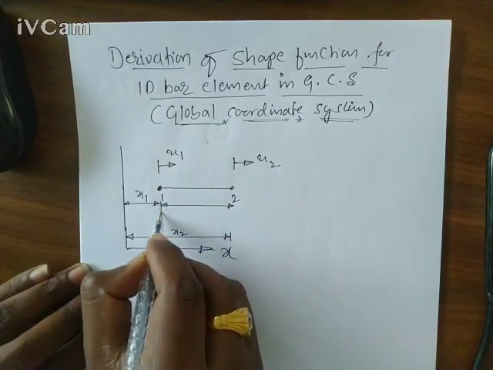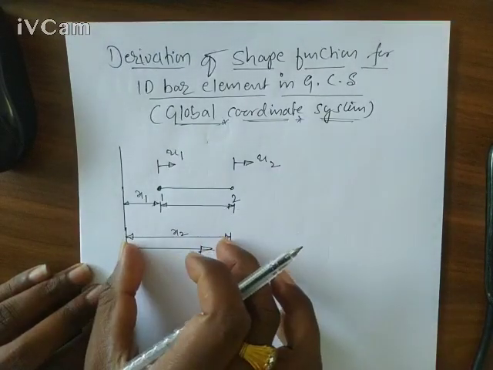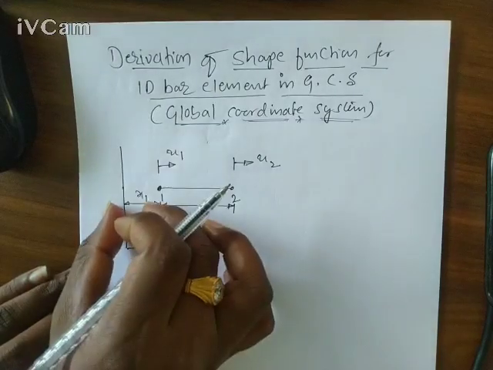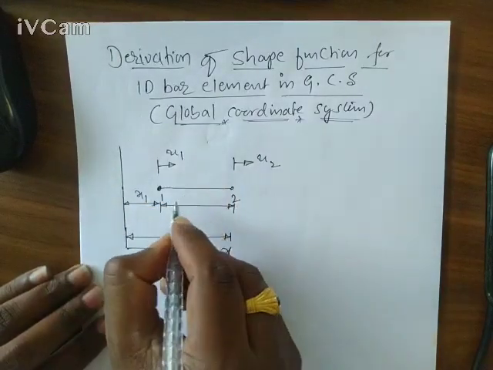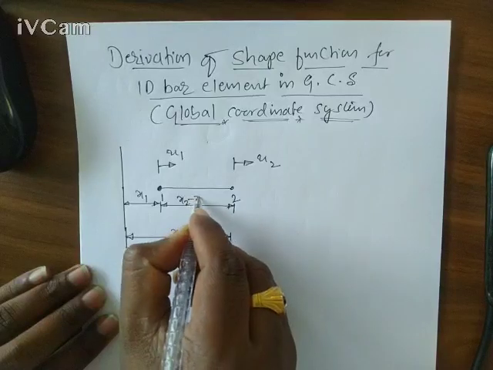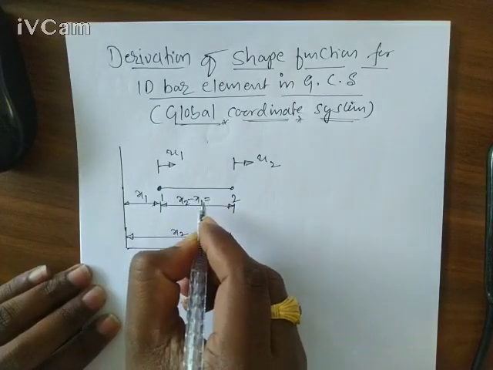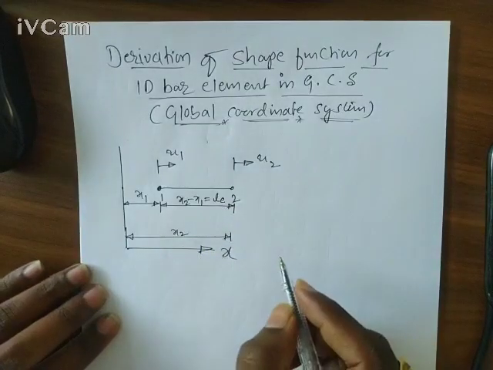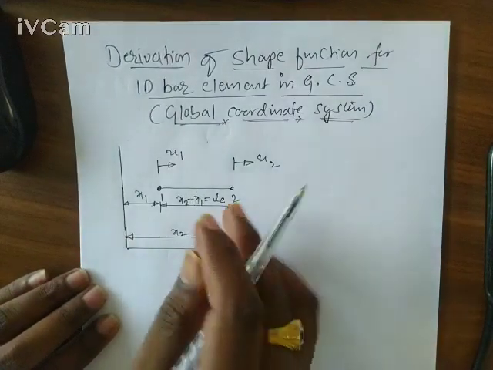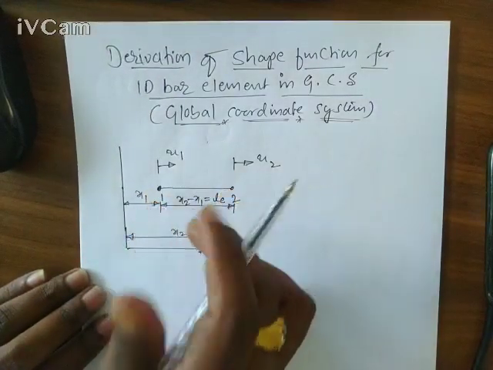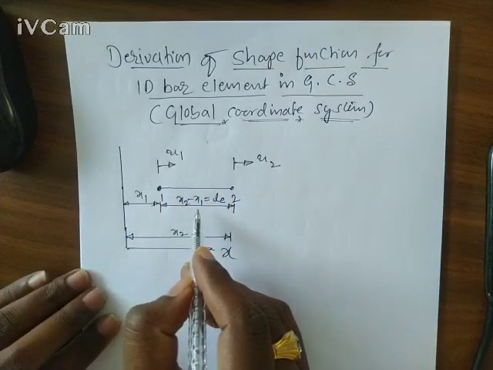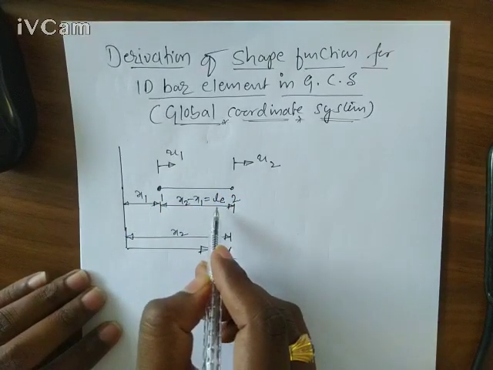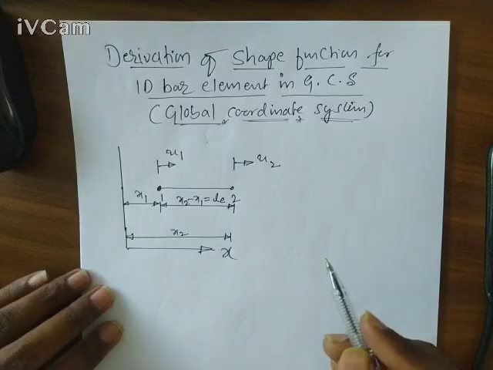One can easily say that it will be x2 minus x1. Later I am going to consider this as the length of the element, so that is the reason I am replacing x2 minus x1 here by the length of the element.